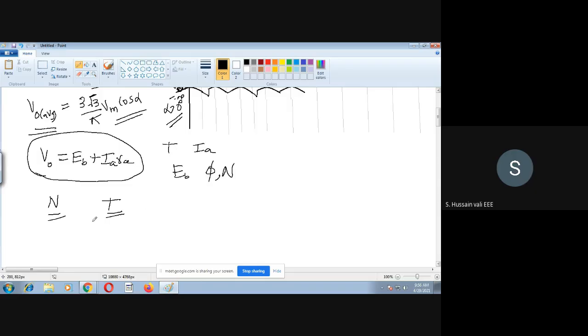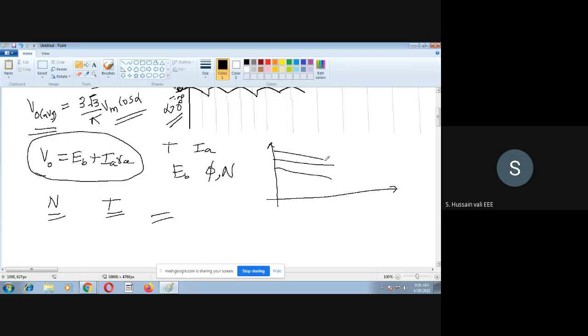So you will get the speed torque equations. Even though you don't know the speed torque equations, I will simply say that it is the very same as single phase. What is the difference between a single phase converter and a three phase converter?